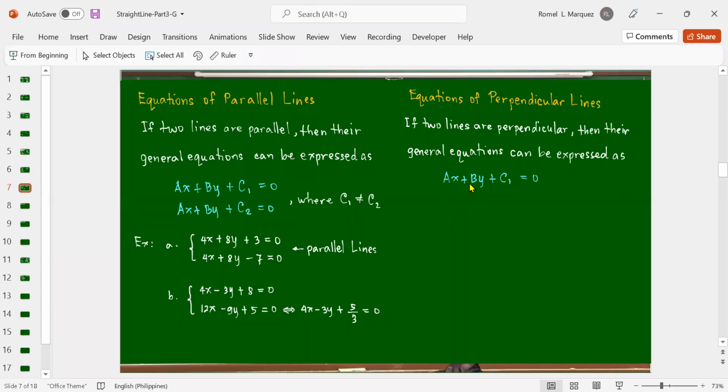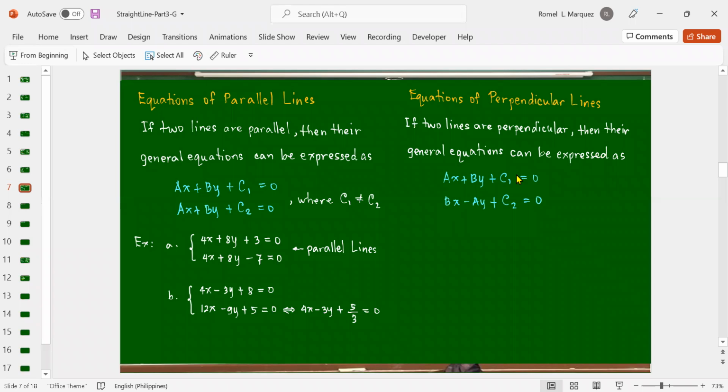For the other equation, you interchange the coefficients. For the other one to be perpendicular, bx, but negate the second term, minus ay plus c sub 2 equal to 0. Okay? This time, their constants can be equal or not.